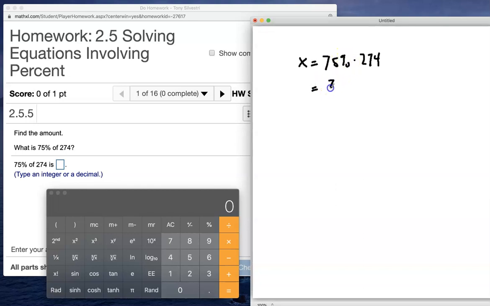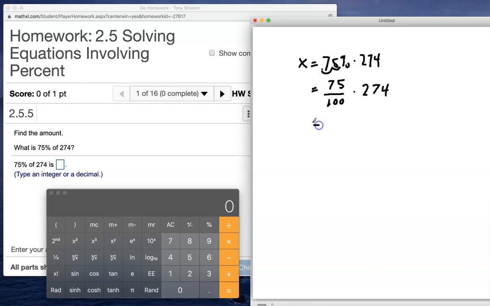We have to translate it into either a fraction or a decimal. Here, I translated it to a fraction, and from there you can do the problem. Another way to do that is just understand that 75% has a decimal right there, and if you're dividing by 100, you move the decimal point over twice.